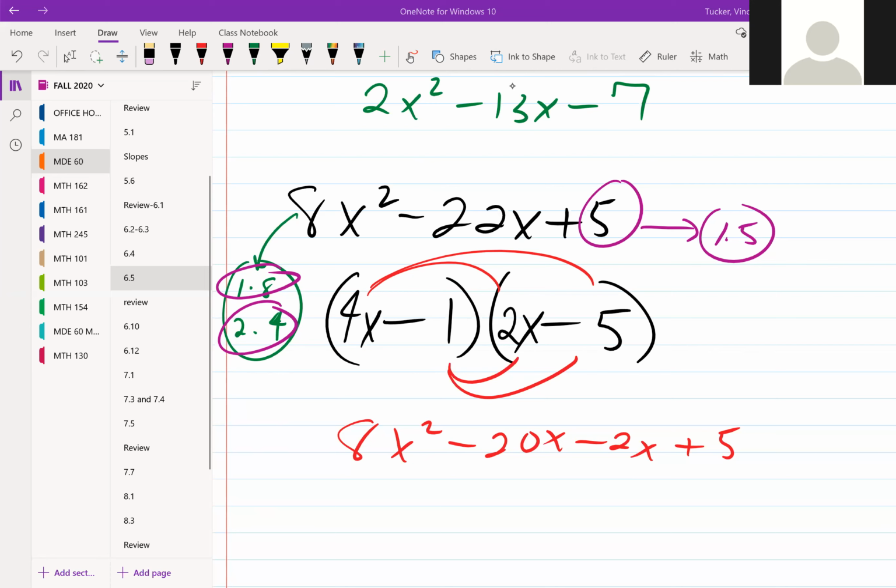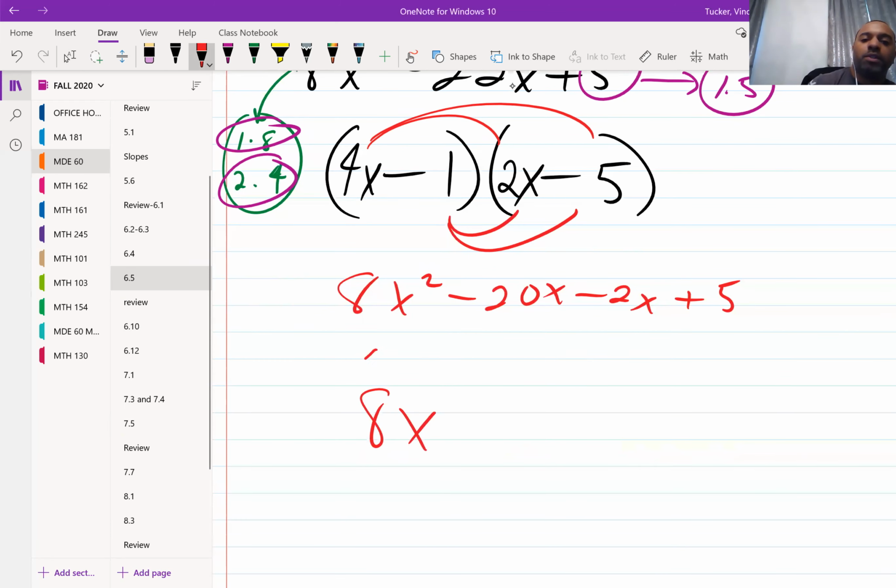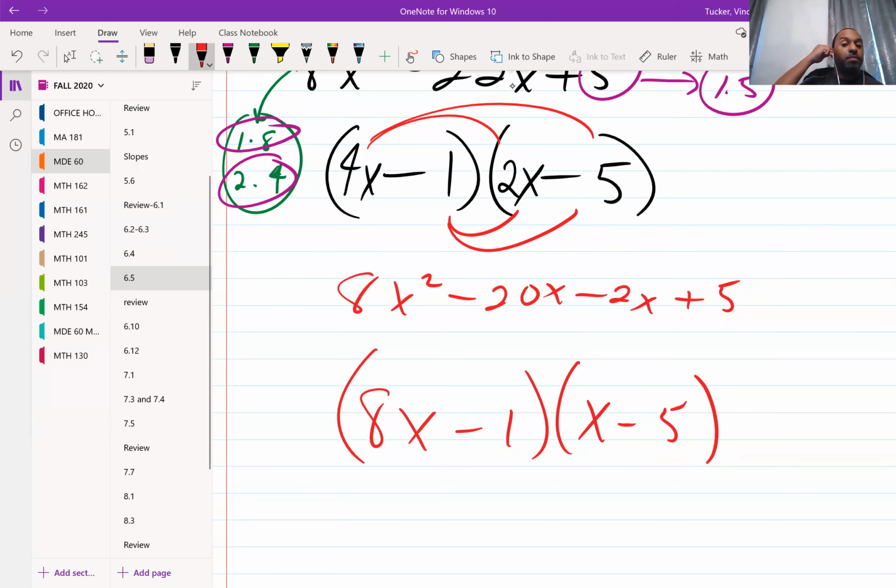Can we also have done it as 8x minus 1 and then the other one just the x variable? Let's look at what you're proposing. So you want to say 8x minus 1, x minus 5? Okay, let's check it out. The way we can always do is just multiply it back out and see if we get what we originally had.